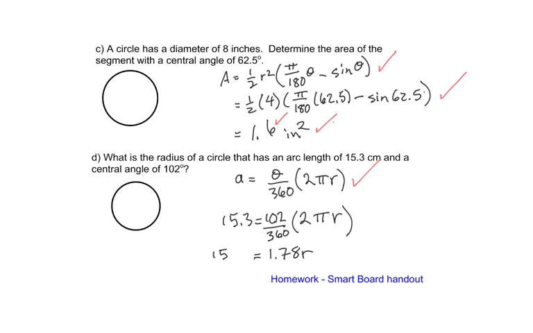So now we have 15.3 on the left side. In order to move this 1.78 to the other side, we don't subtract it or add it. We actually have to divide it because that's the opposite of the multiplying that's happening between the r and the 1.78. So we have r equaling 15.3 divided by 1.78.